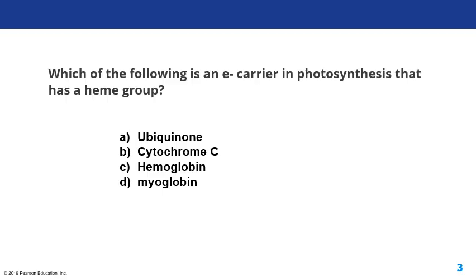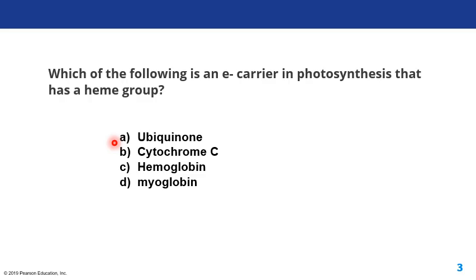Okay? All right, so here, which of the following is an electron carrier in photosystems that has a heme group? So here you have options for ubiquinone, cytochrome C, hemoglobin, myoglobin. So 3 of those have heme groups. One of them doesn't. That one, ubiquinone, is a very important electron carrier, right?